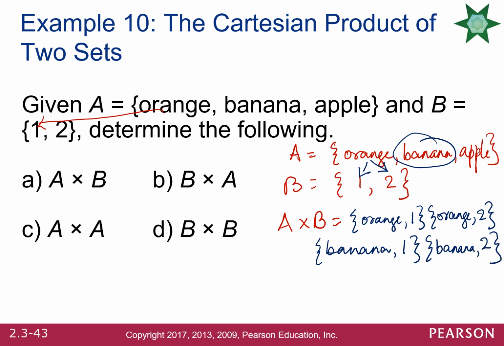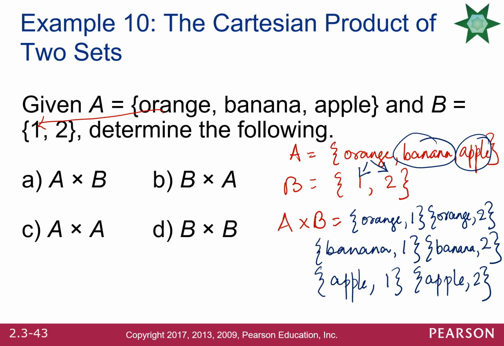All right. Next we have apple. So we are going to get another ordered pair with apple, 1, and then apple, 2. All right. So how many pairs did we get here? We got 1, 2, 3, 4, 5, 6. All right. So A cross B would be 6 pairs where we combined each element of A with all elements in B. All right. The next one here says B cross A.